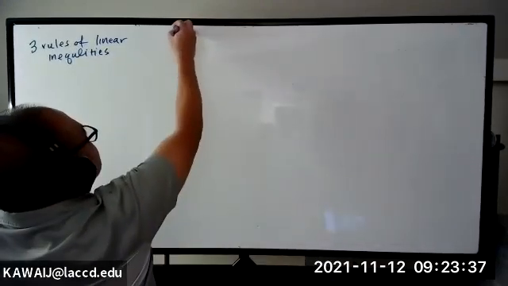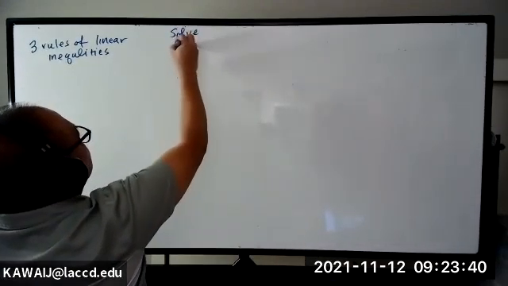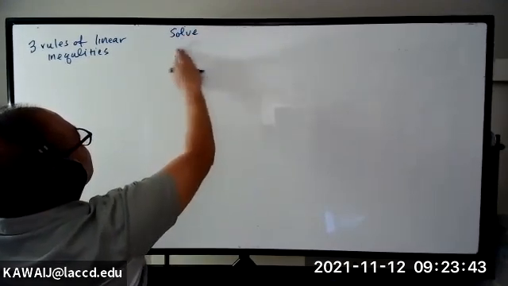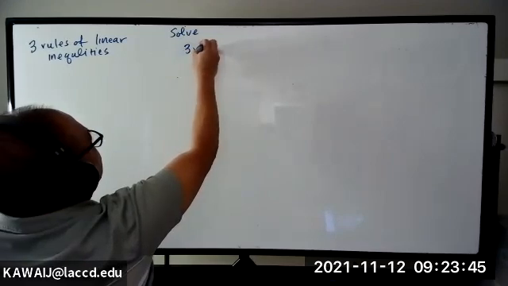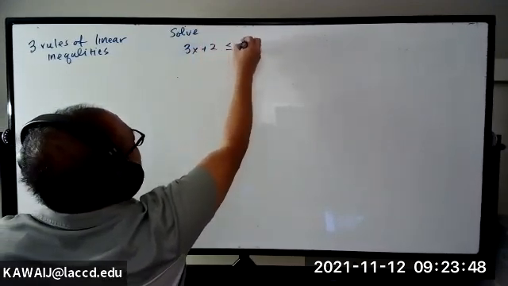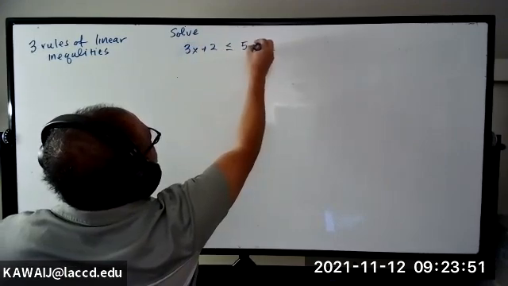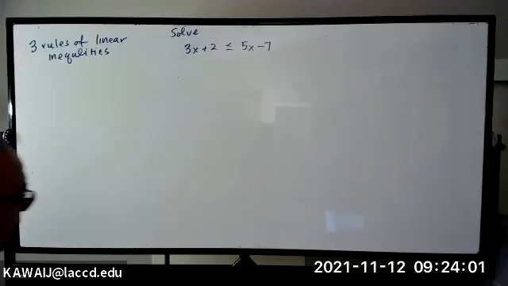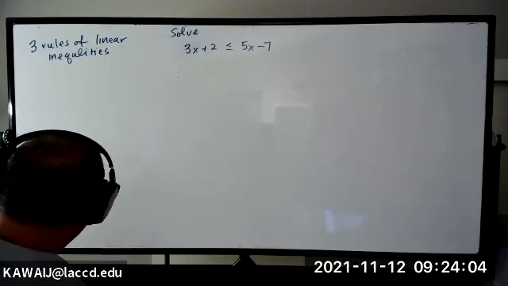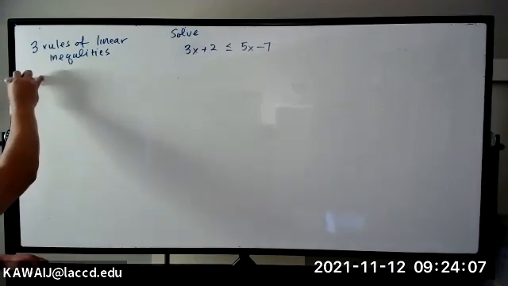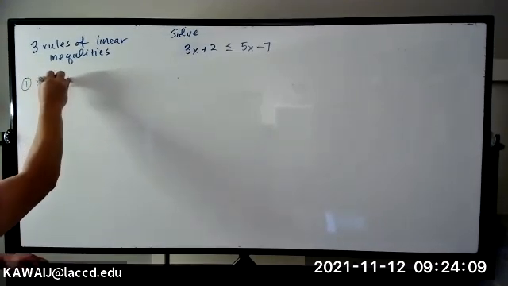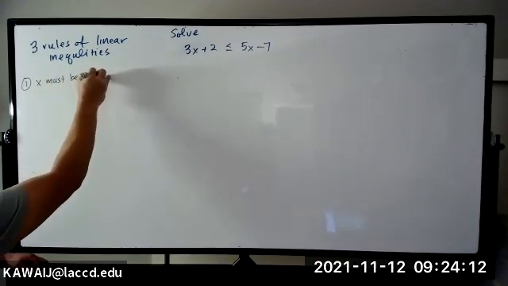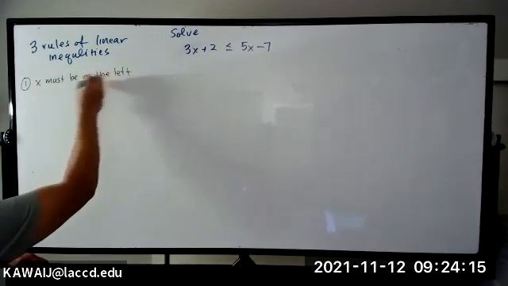So let's do something like this. Solve 3x plus 2 is less than or equal to 5x minus 7. Okay, so let's look at the three rules. Rule 1, x must be on the left side.